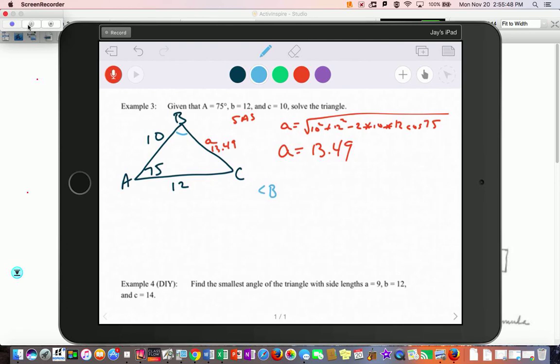So law of cosines would be angle B equals cosine inverse. And again, on the top, you go 10 and your 13.49 squared, and the partner side gets subtracted.